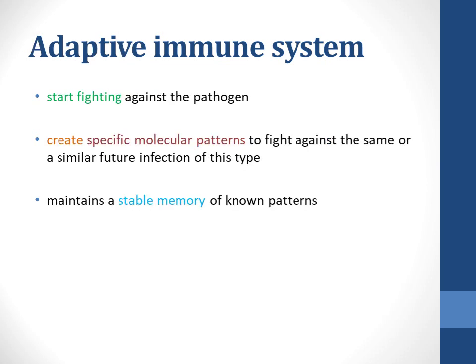The adaptive immune system is the next one, and it starts fighting against those pathogens. The innate immune system already recognizes the molecular pattern.